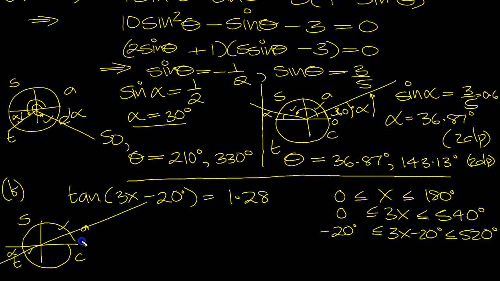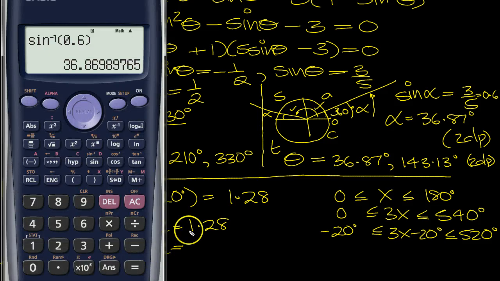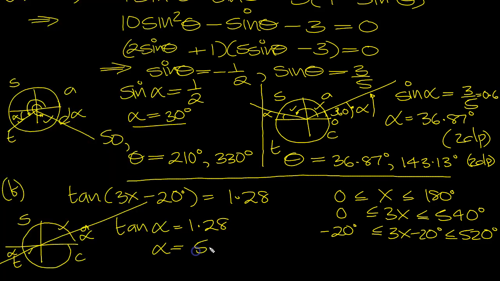Mark off alpha, the associated acute angle. And simply write tan alpha is equal to 1.28. So that tells us what alpha is. Shift tan 1.28 gives 52.00.